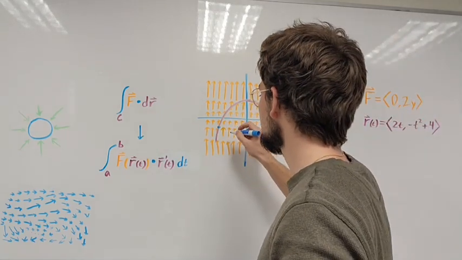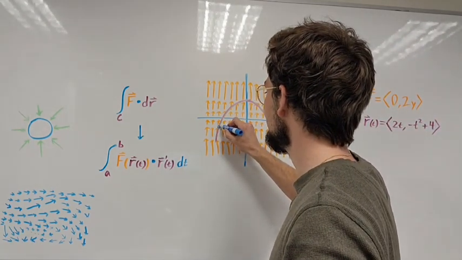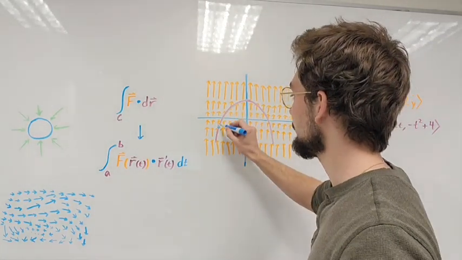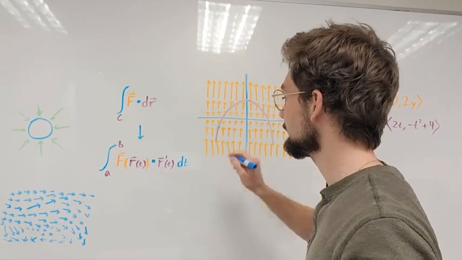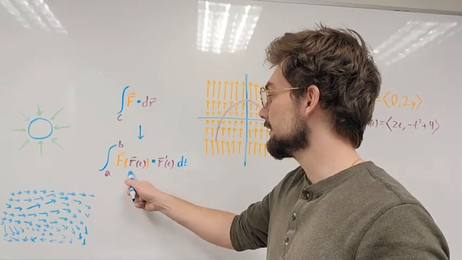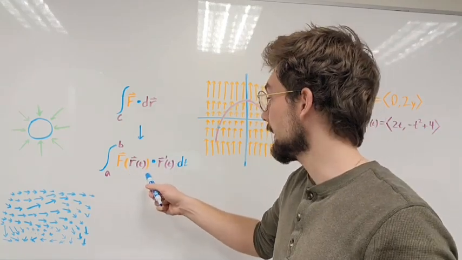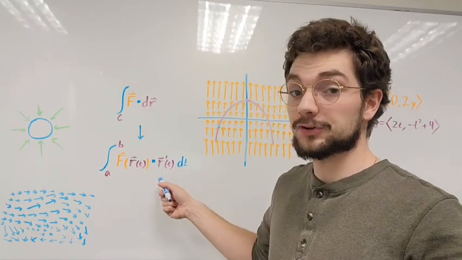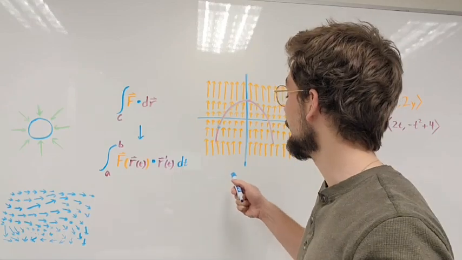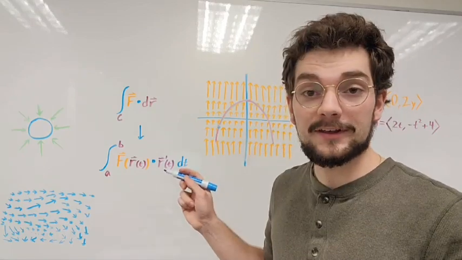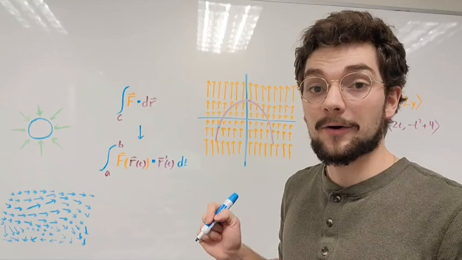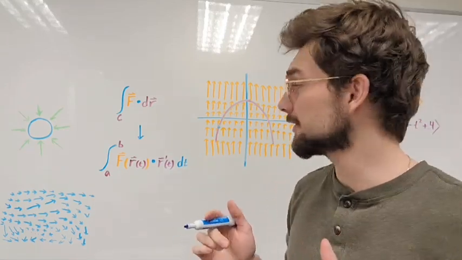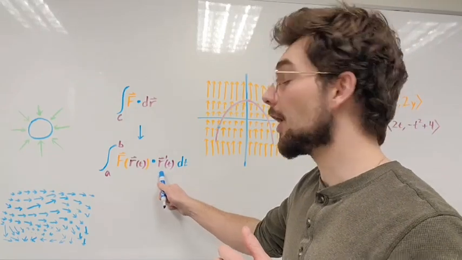So if we move our point up a little bit, we'll have this vector, which is happening at point t on this line, be inputted here. And then we're going to dot that with the derivative of our line at point t. Now, our derivative of our line is going to be the tangent vector to r at point t.